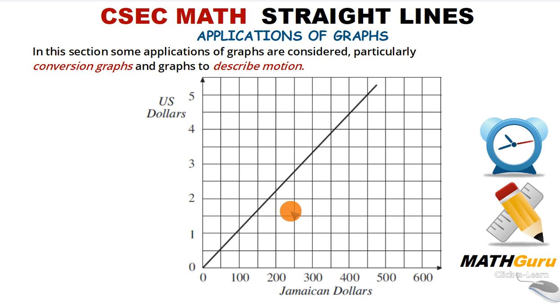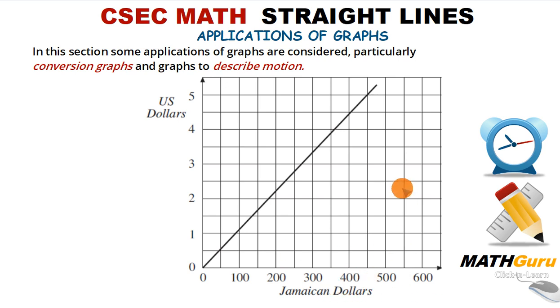And since the exchange rate changes continually, these actual rates you see on the screen here now may not be valid for this year, 2020. But the whole idea is that you can create conversion graphs to quickly convert US dollars to any currency, Jamaican, Guyanese, Barbadian, Trinidadian, and so on.